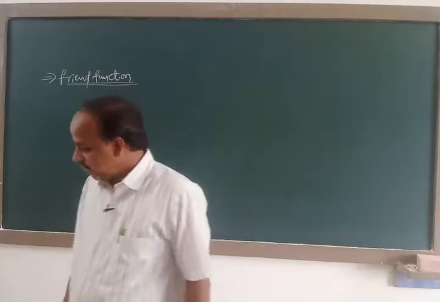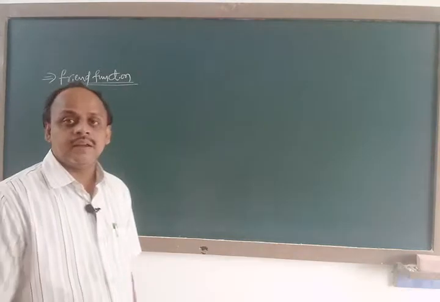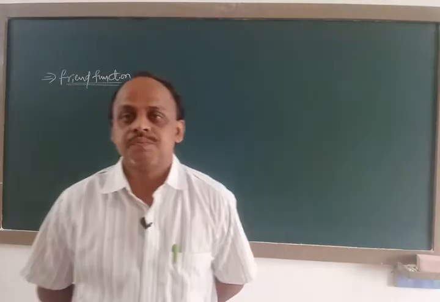So how can we define a friend function? A function which is not a member function of a class but which has authorization to access the private and protected members of a class is called a friend function.